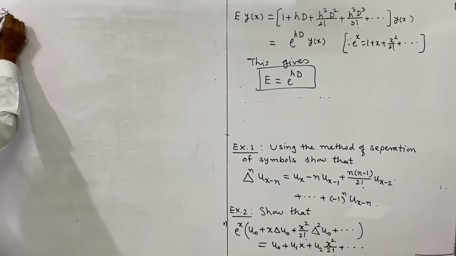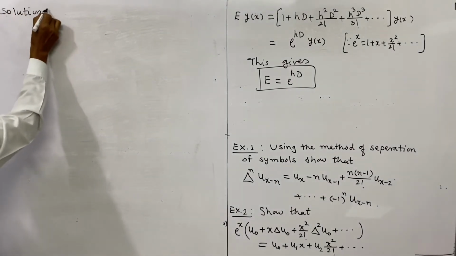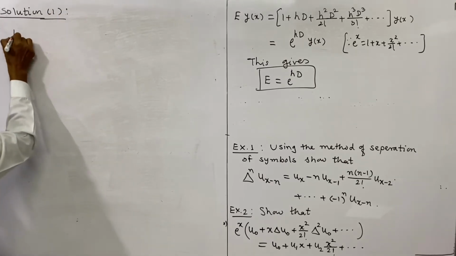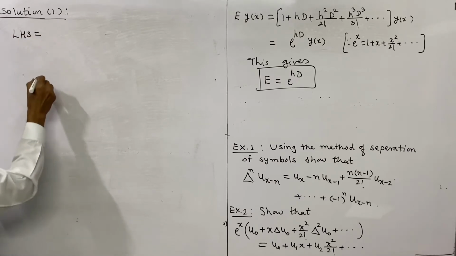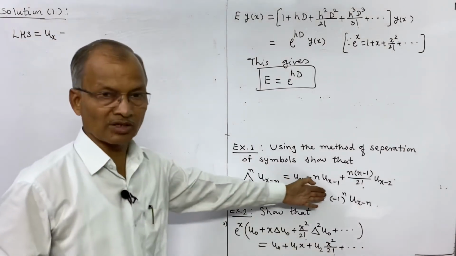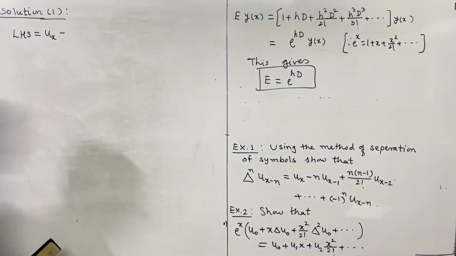Solution for first. LHS is u x; in place of y, here u is used. The variable is u.